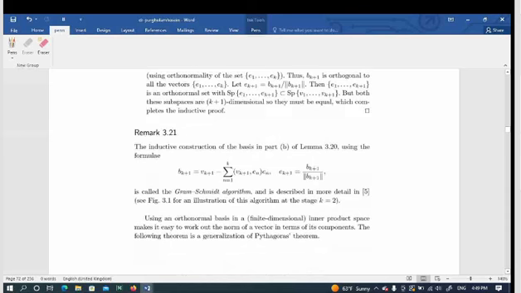This process to prove B is called the Gram-Schmidt algorithm.